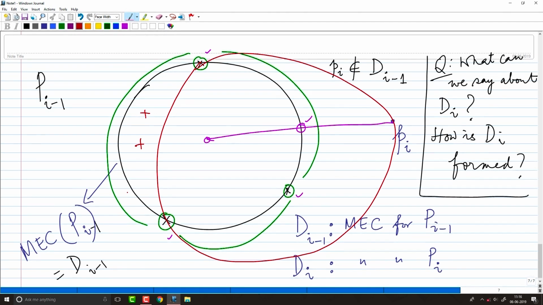So say your Pi minus 1 could have these red points, and still this Di minus 1 could have been correct, no? Right? So your algorithm fails, it excludes some point. So your method is not working, right?